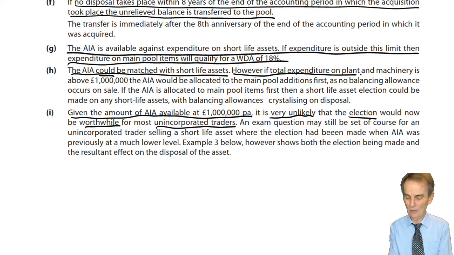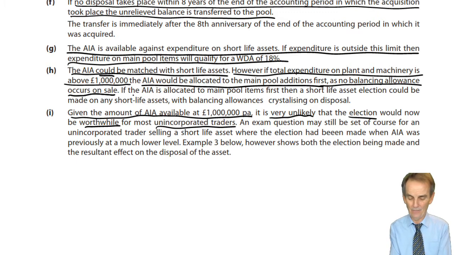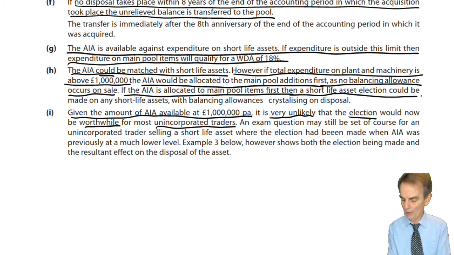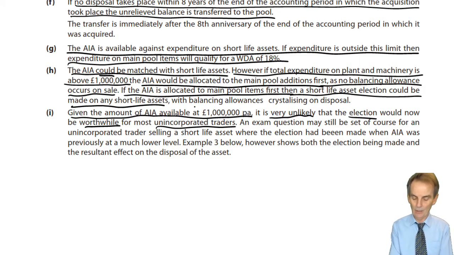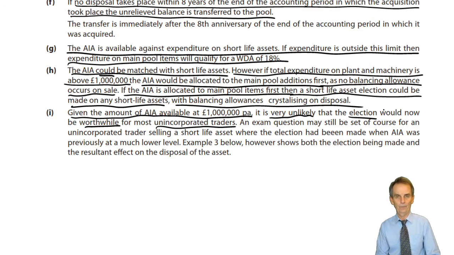However, if total expenditure on plant and machinery is above 1 million, as we have just been saying, the AIA would be allocated to the main pool additions first, as no balancing allowance occurs on sale. If the AIA is allocated to main pool items first, then a short life asset election could be made on any short life assets, again with balancing allowances crystallising on disposal.